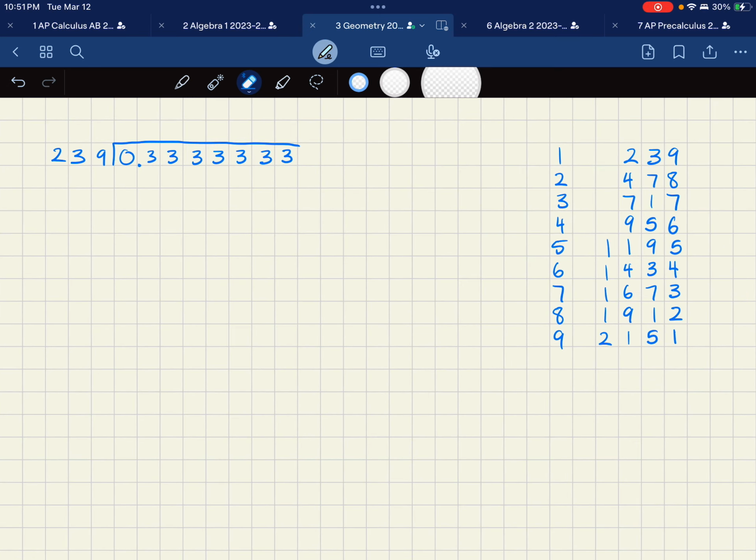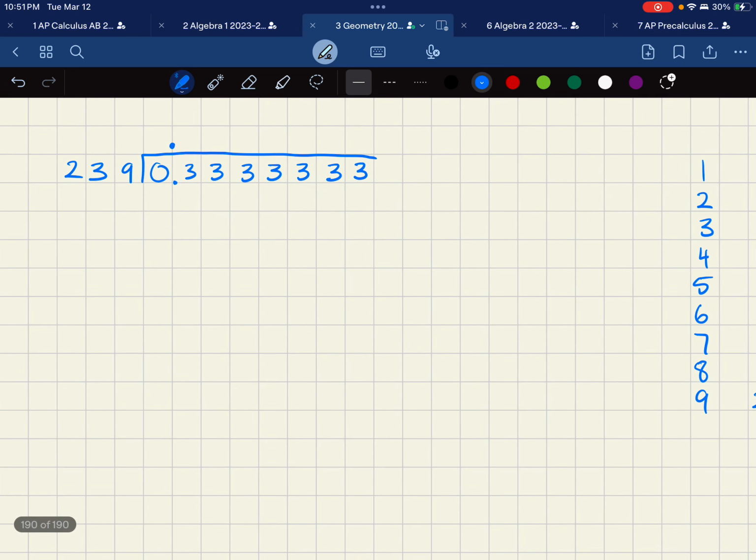So here we go. What is 0.3 repeating divided by 239? Well, 239, I'm going to move the decimal place right above here and say it does not go into 3, it does not go into 33, it does go into 333.